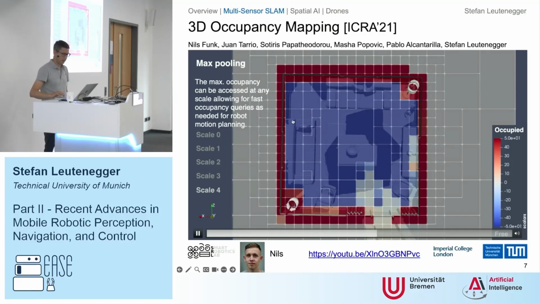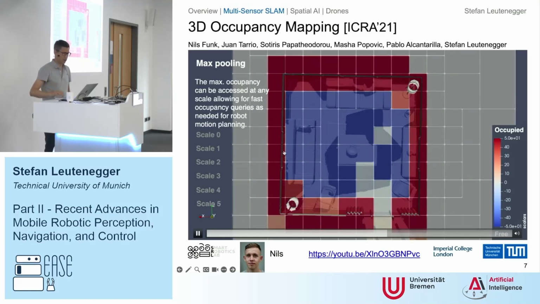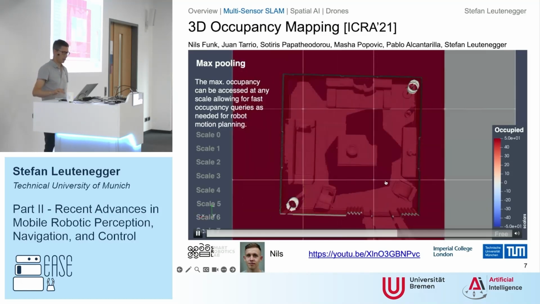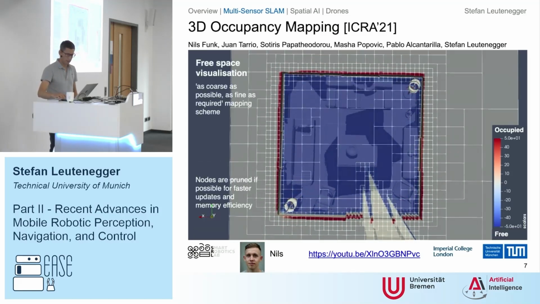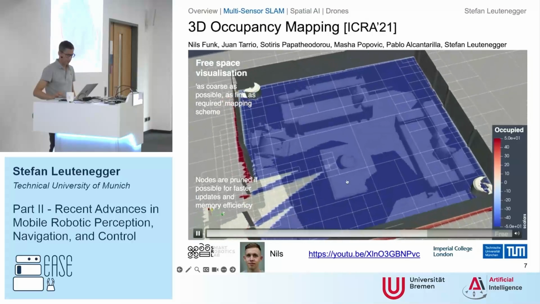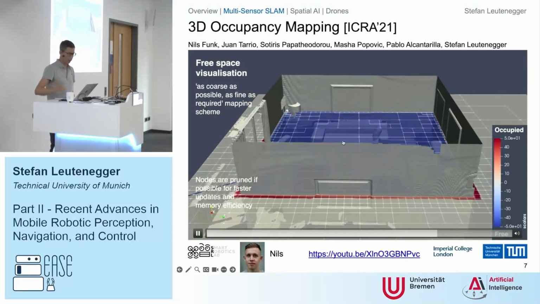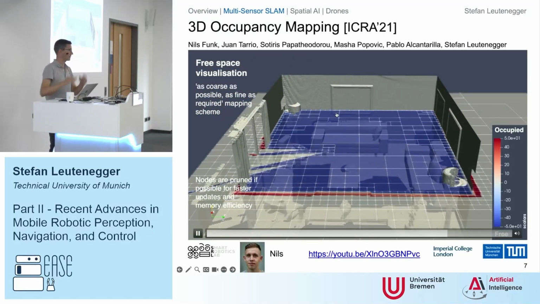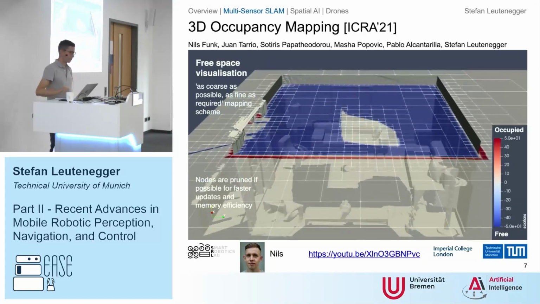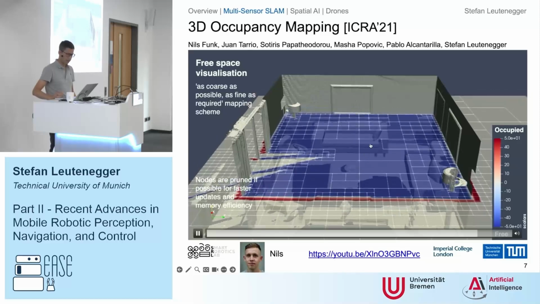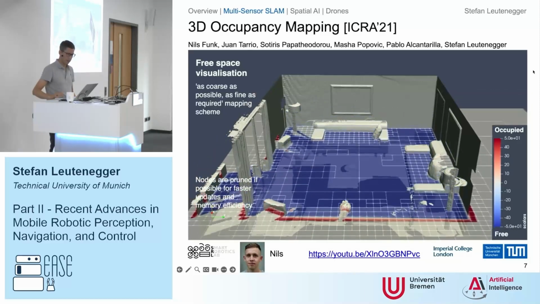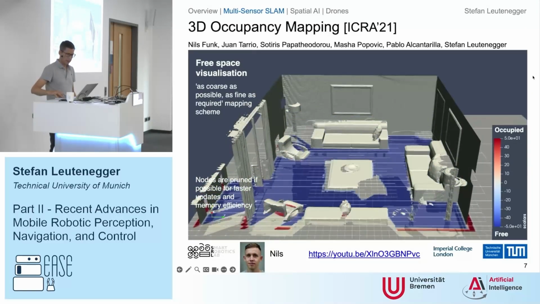And you can also propagate this information up in the tree, and you can do things like hierarchical free space queries with it. So at the node of the tree, you'll have the aggregated information of what's going on with the children and grandchildren and so on underneath. So this enables us to be quite efficient in planning in the end.